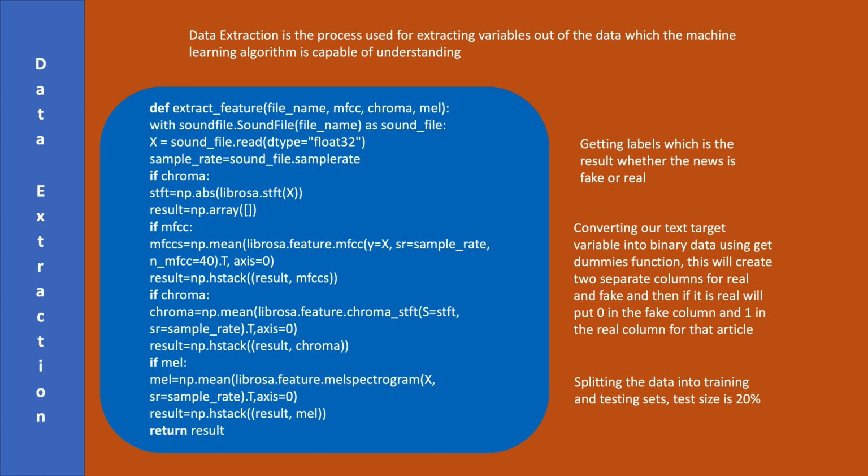So for example, we decided, okay, every 7 seconds we will take a sample. So from the first 7 seconds, we will take all the MFCC values of every second and get the mean, and that will be the MFCC of that particular sample, right? Same for Chroma and MEL. After this, we are returning the result.